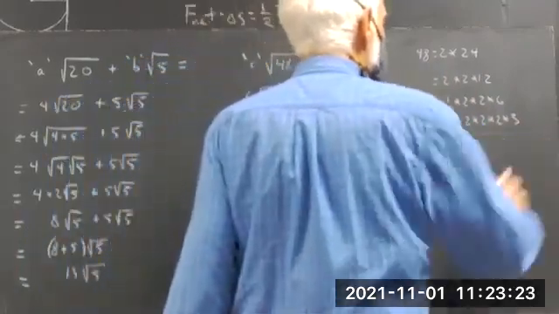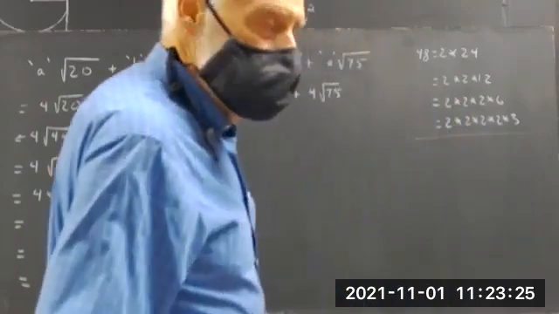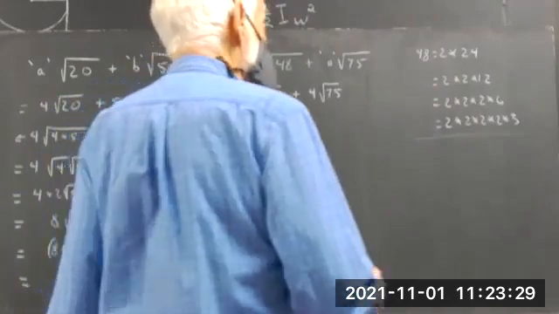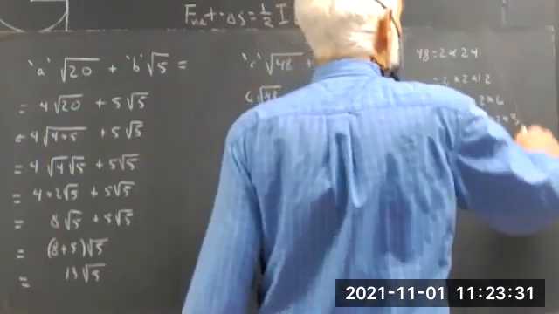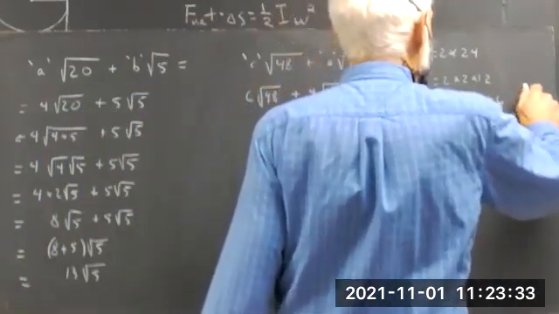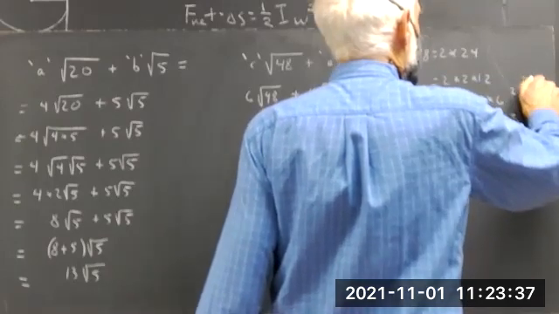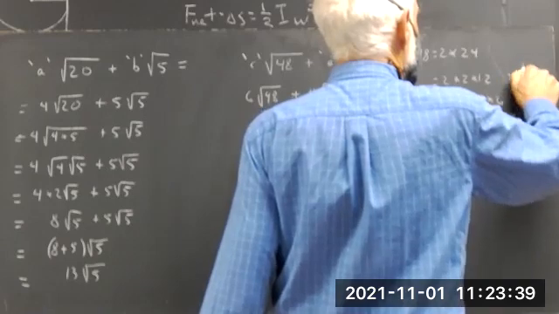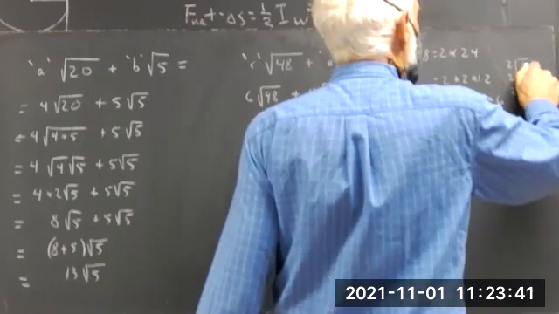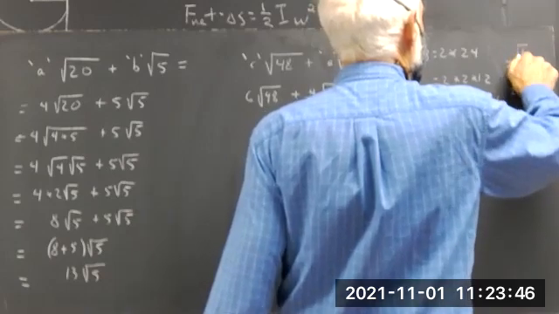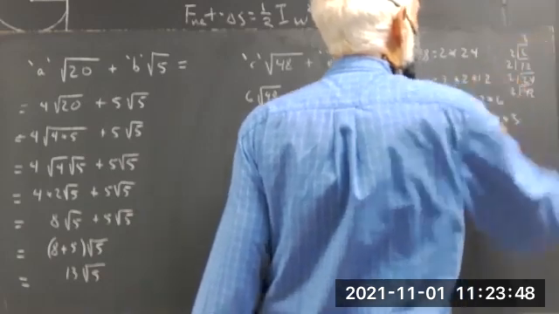Let's stick with the most basic breakdown, okay? Now, another way of writing this would have been, okay, here you got the 48. 2 goes into 48 24 times, 2 goes into 24 12 times, 2 goes into 12 6 times, and 2 goes into 6 3 times.